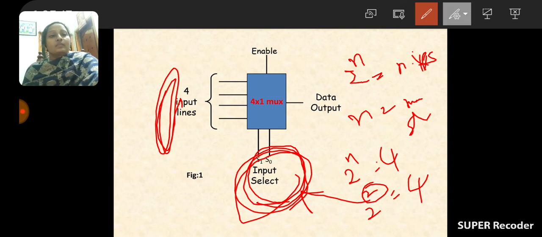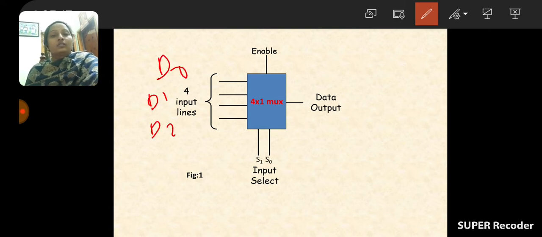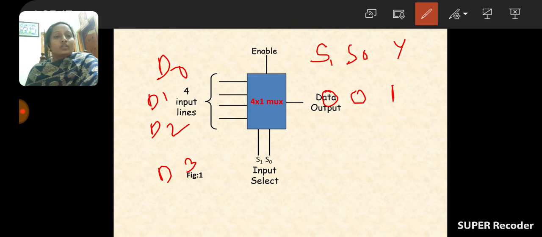For example, see here, if it consists of D0, D1, D2, D3, at one time it will select D0. So how will it select D0? See here, it depends upon the selecting lines. If S0 and S1 are both 0, 0, then it will select the data line D0. If these are 0 and 1, it will select D1.